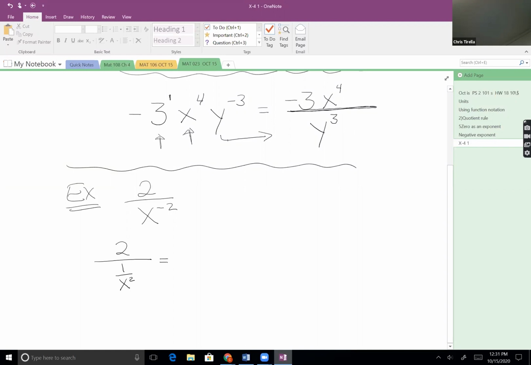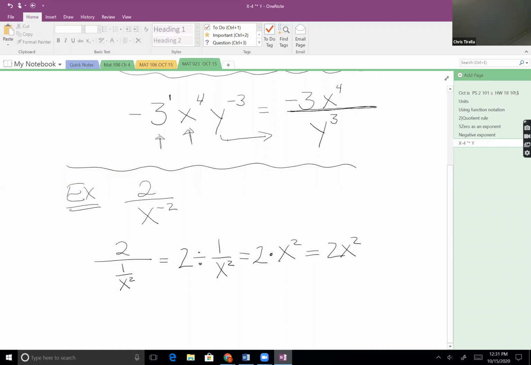Does everybody remember a fraction means division? So that's 2 divided by 1 over x to the second. And then does everybody remember that in order to divide fractions, we keep the first one the same, we change the division to multiplication, and we flip the second. So my final answer is 2x squared.